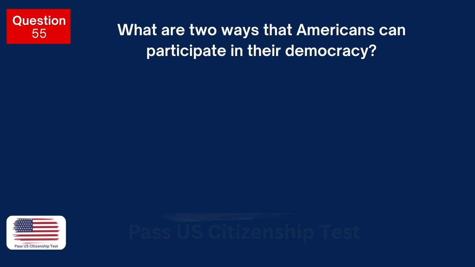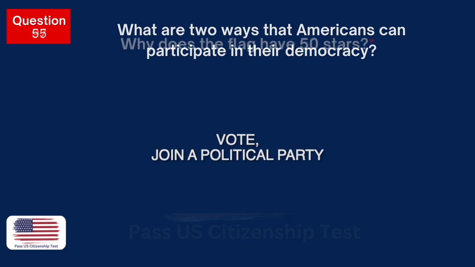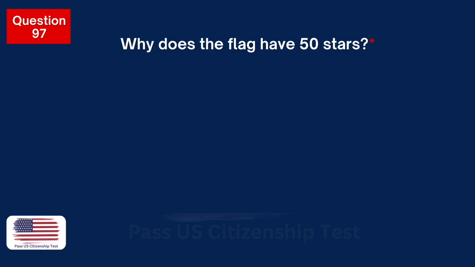What are 2 ways that Americans can participate in their democracy? Vote. Join a political party. Why does the flag have 50 stars?